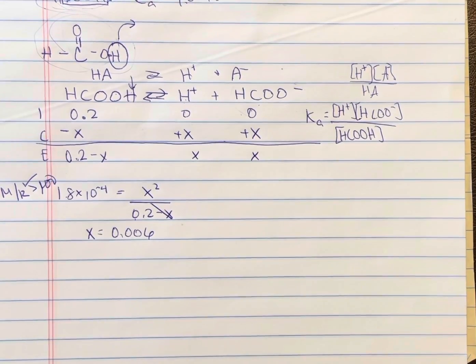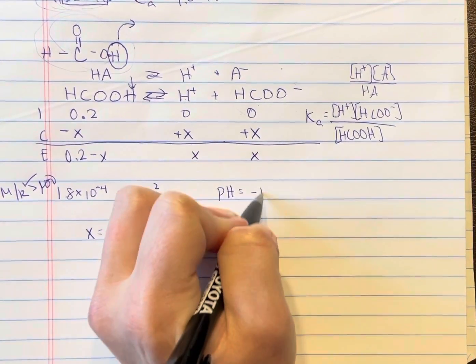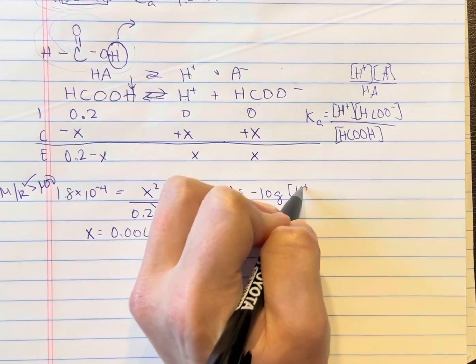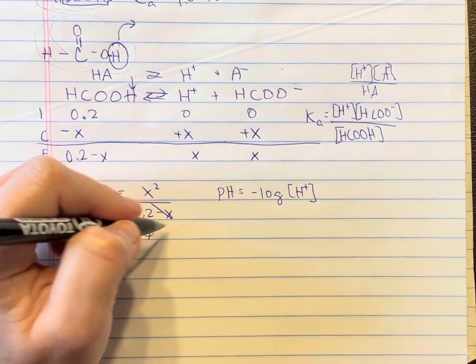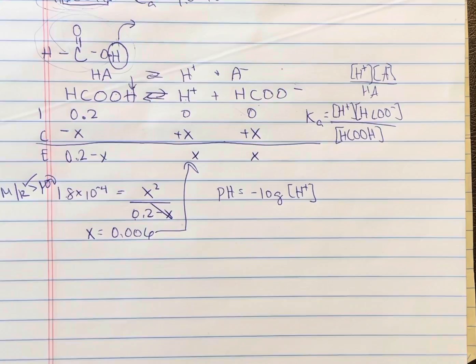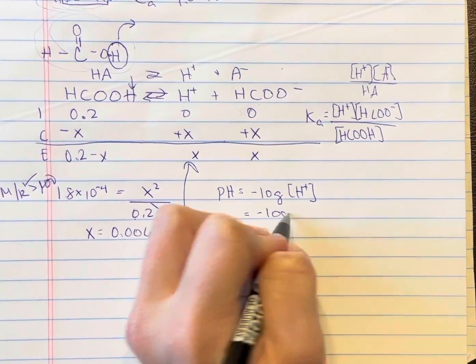Now that we have solved for x, we answer the question. This wants to know the pH. For the pH, we know that pH equals negative log concentration of H+. Do we know the concentration of H+ here in this problem? Yes, we do, because it's the same as x. So just plug that in.